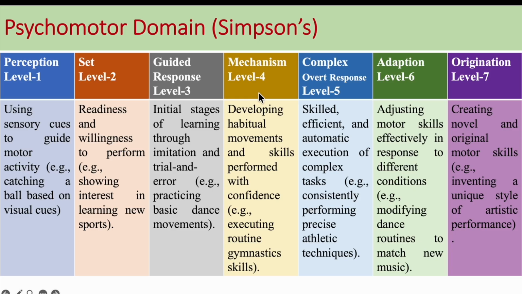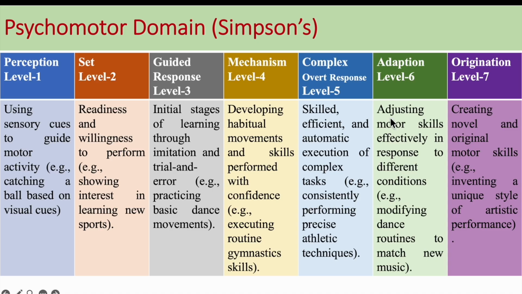Fourth level is mechanism, developing habitual movements and skills performed with confidence. For example, executing routine gymnastic skills. Level 5 means skilled, efficient, and automatic execution of complex tasks. For example, consistently performing precise athletic techniques.